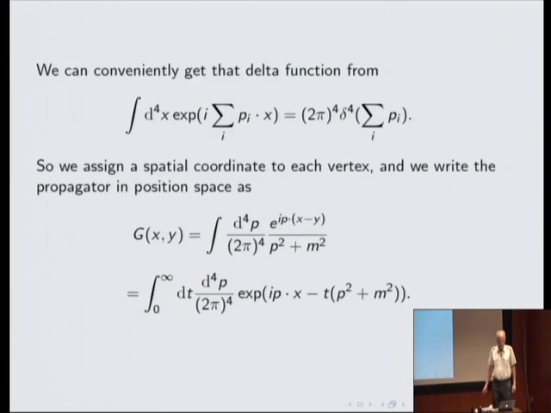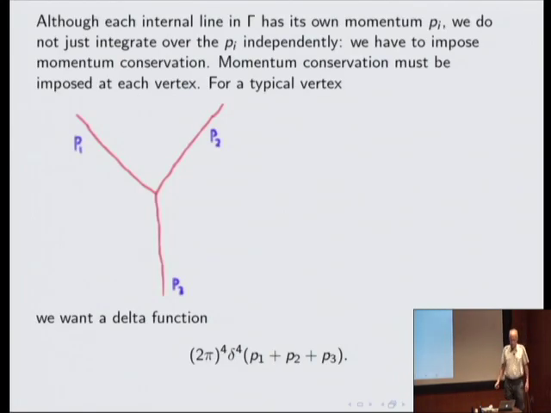We can represent this delta function as an integral d4x of e to the i x dot the sum of the p's, which gives this delta function. So to get the delta functions, we assign an x variable to every vertex. When we have an incoming momentum, we think of that as a function of x, namely e to the i p dot x, and then we integrate over the x's.